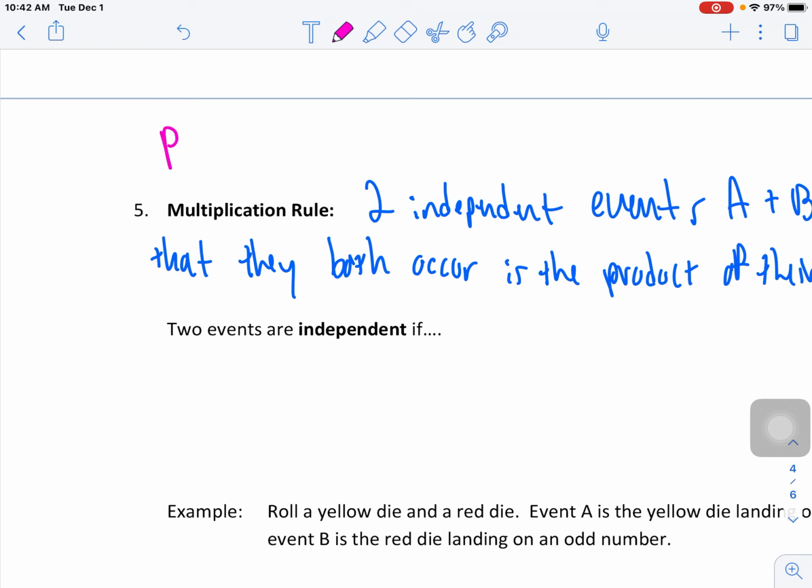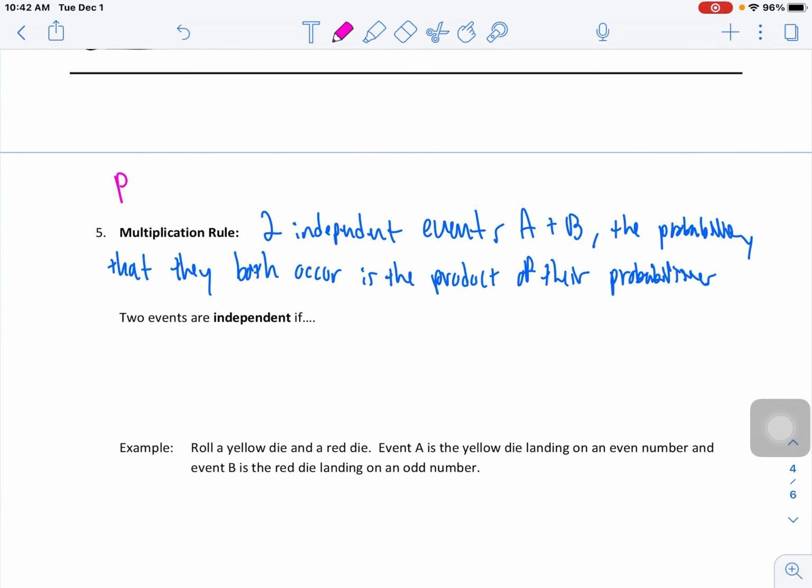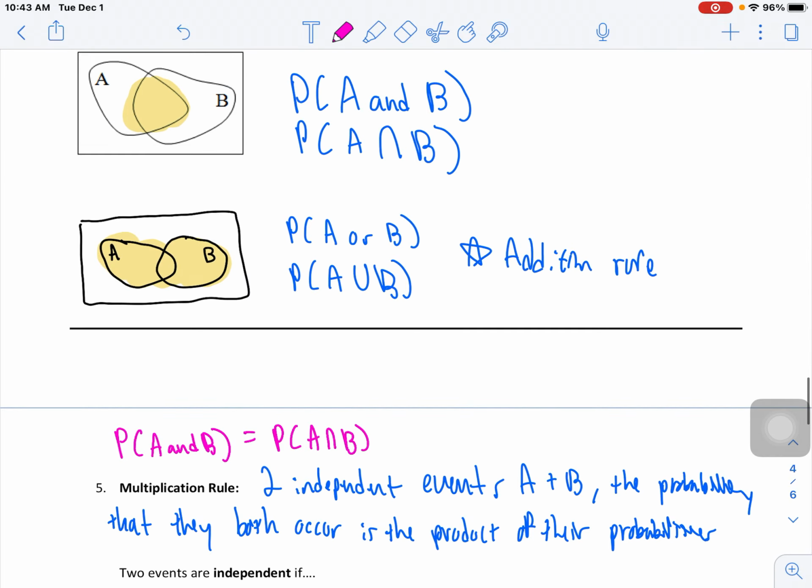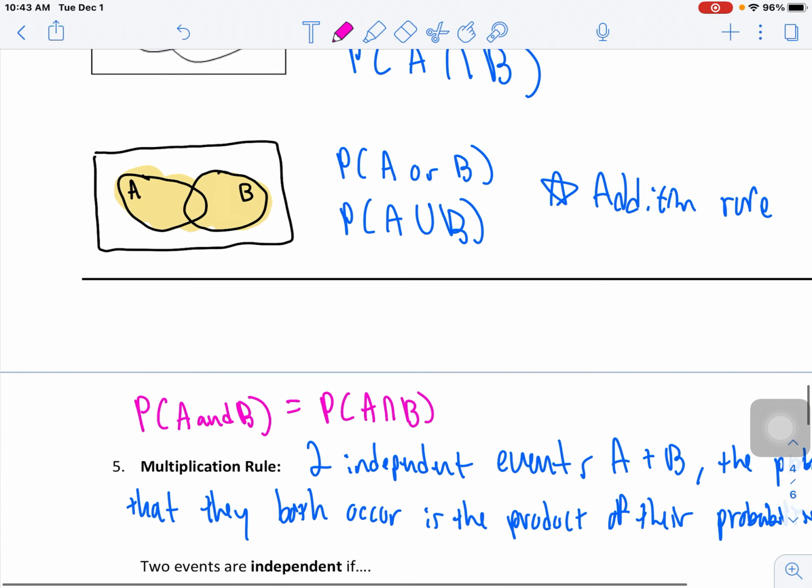And here's what this looks like. So the probability of A and B happening, or in other words, the intersection, right? That's what we just talked about up here. This little piece.